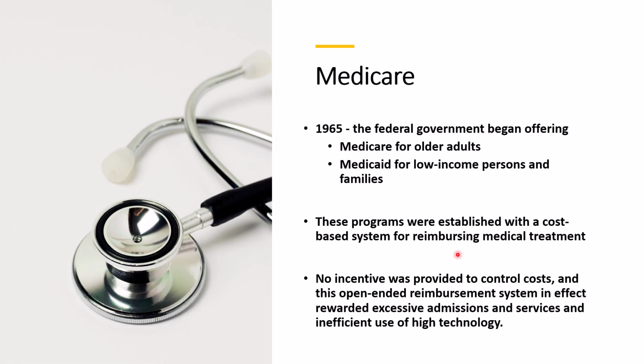So this open-ended reimbursement system, in effect, rewarded you. Well, if I get paid for doing this many tests, then I will do more tests. If I get paid for doing this many operations, I'll do more operations. So in effect, it promoted people to abuse the system and not make it as efficient as it could be.